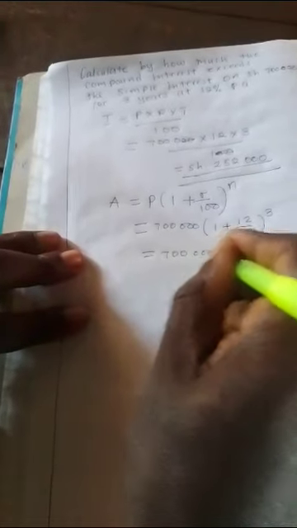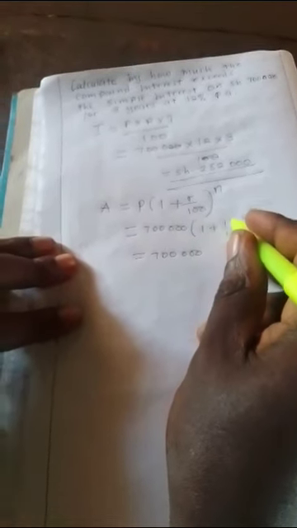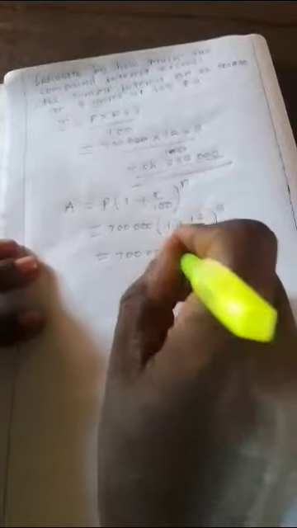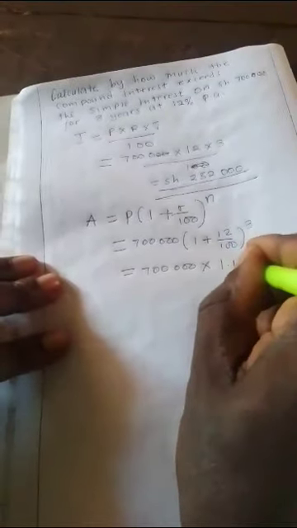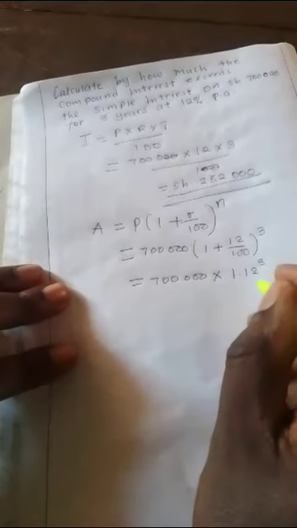Now you will have 700,000 times 1.12 raised to power 3.